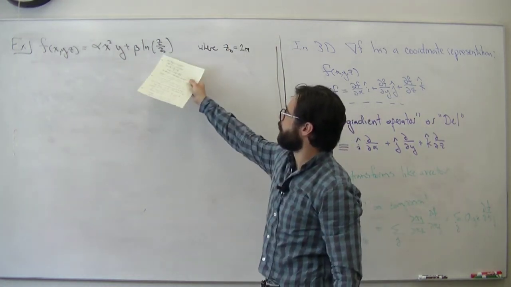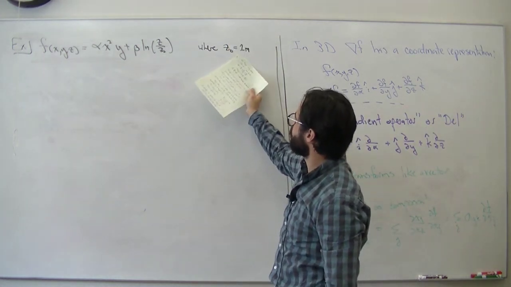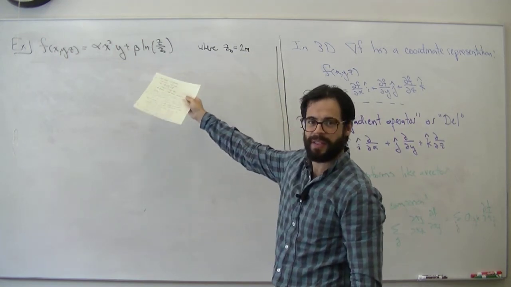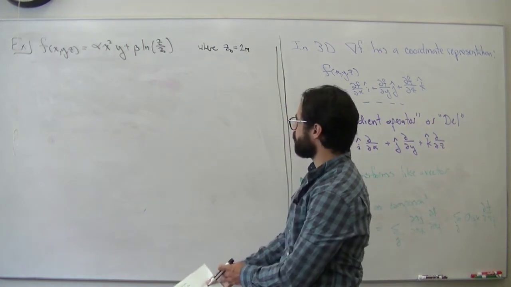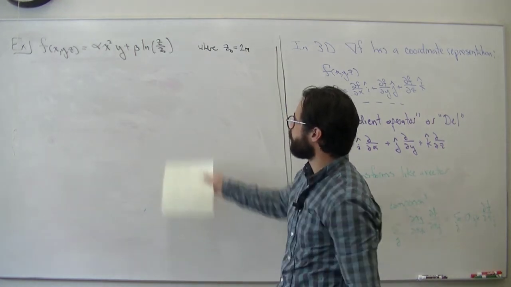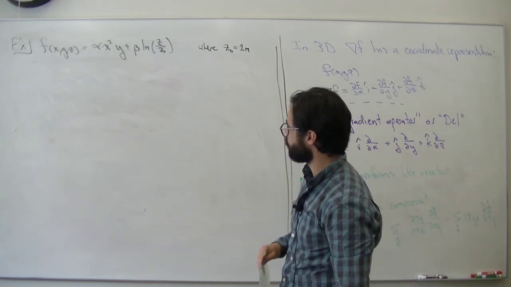And the reason I have to put this z0 there, it's a constant, it's just got to have units because the argument of a natural log has to be unitless. Arguments of sines, cosines, tangents need to be radians for us, and natural logs and exponents need to be unitless.